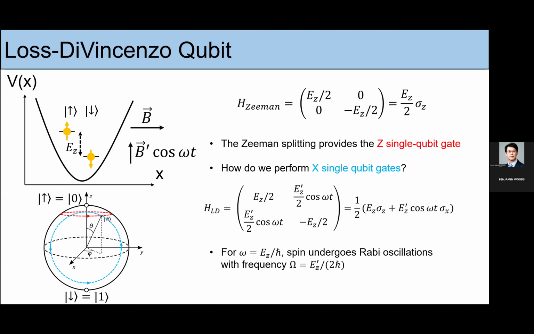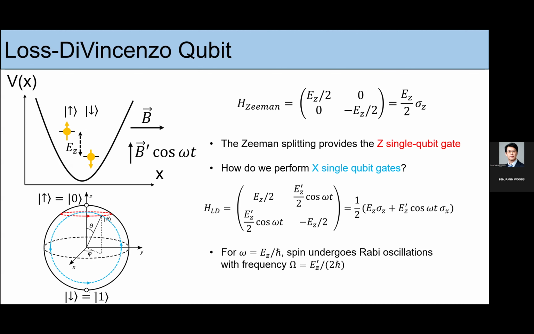So it's basically the energy splitting coming from the bare static magnetic field that you're applying, divided by h bar. If you drive it at that rate, the spin will undergo what's called Rabi oscillations, right? And will precess about the x-axis now with a frequency known as the Rabi frequency that's going to be proportional to this applied oscillating magnetic field.